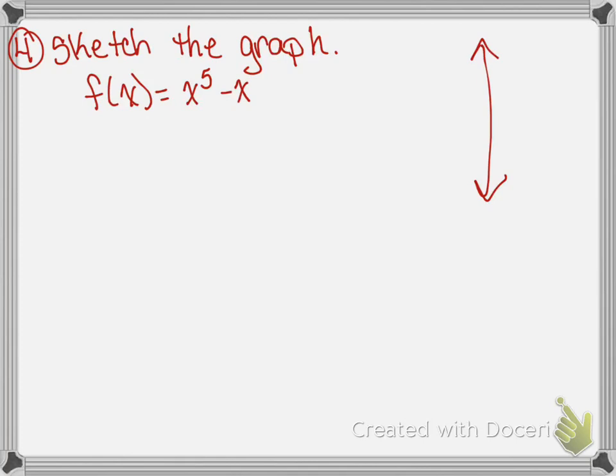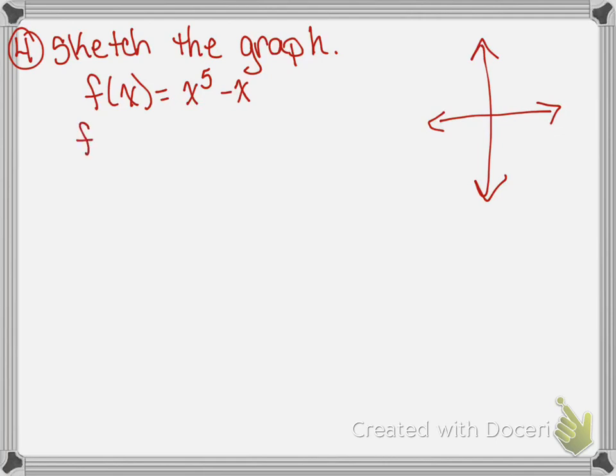Now, before we can do anything else, we need to identify whatever zeros that we can identify. My y-intercept is going to be 0. So that means my y-intercept is going to be right at the origin because I don't have a constant at the end. And if I don't have a constant at the end, you can consider that plus 0.